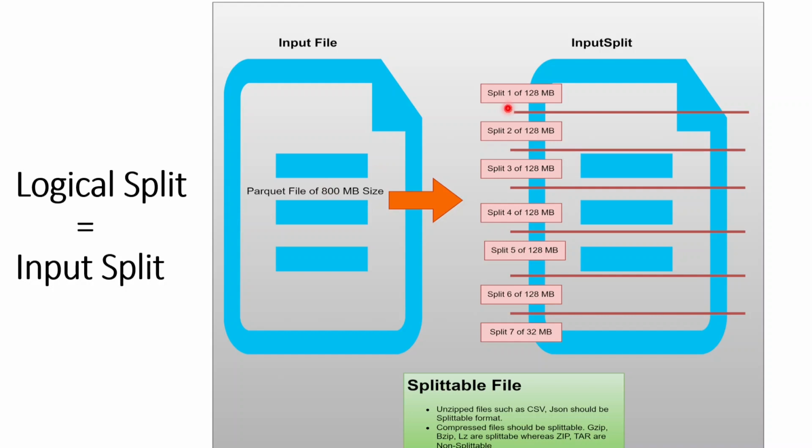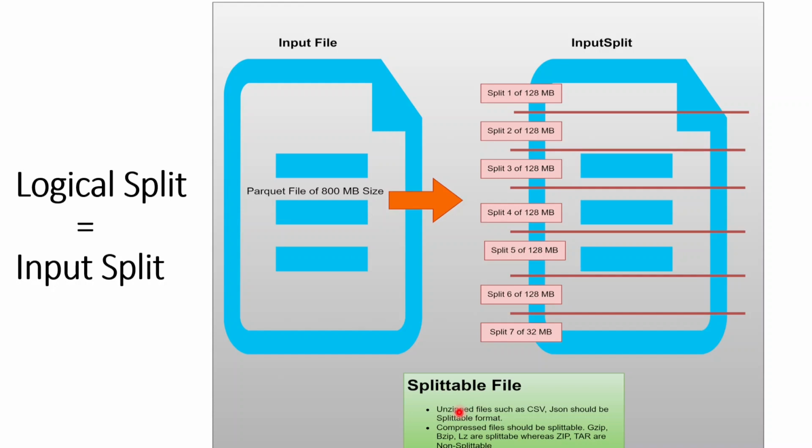I hope you understood. But in this Parquet file, we will have a header and footer, which hold data about the Parquet file, meaning the metadata and the schema. Those information will be available for all the splits. In order to split this file, the important condition is that the file, whether Parquet, CSV, JSON, or any file, should be in a splittable format.